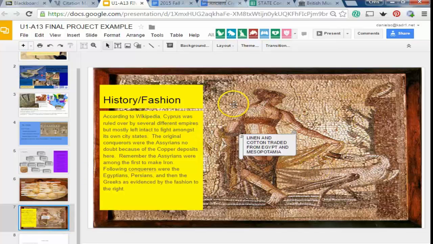And very simply, sent it to the background, described what's going on here, and showed how they were trading linens and cottons. This is an art form that was from Cyprus and Crete and Greece, so the mosaic is part of the art form that's included. And obviously then we'll talk more about this perspective and stuff as we go, so I try to use that as a transitional piece there.